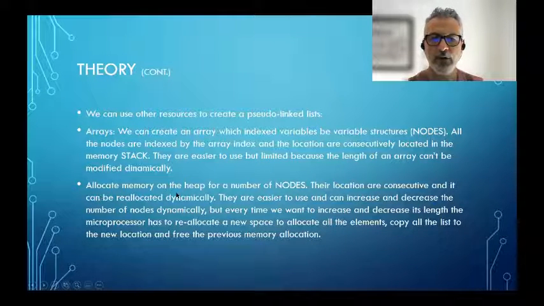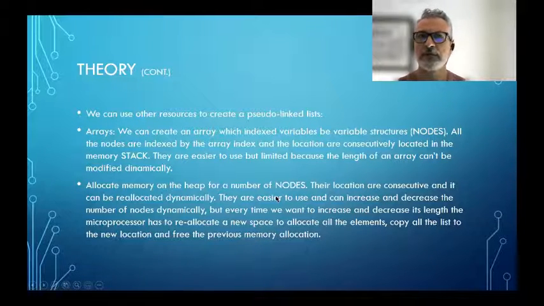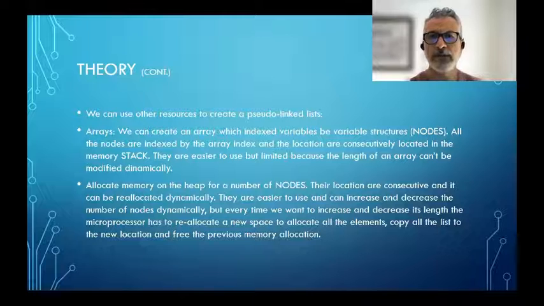Or we can allocate memory on the heap for a number of nodes. Okay, we can allocate memory on the heap, with the number of bytes multiplied by the number of nodes we want to allocate. But the main disadvantage here is when you want to increase or decrease the number of elements, reallocating memory on the heap.